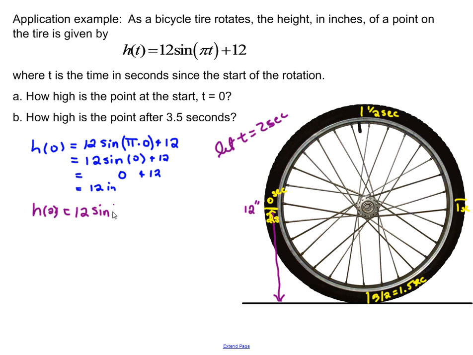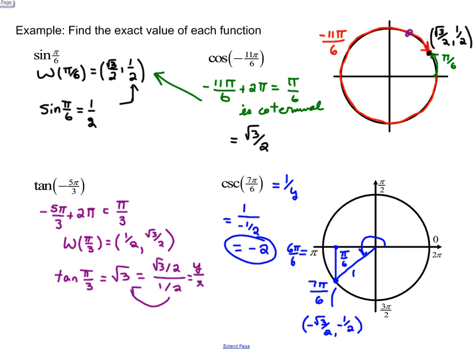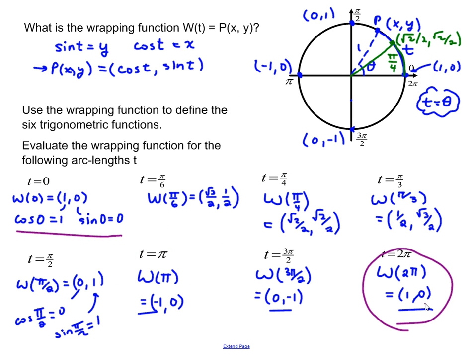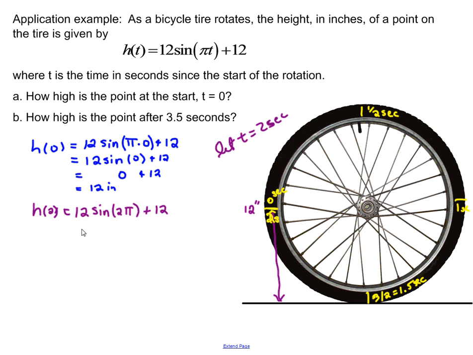But what happened at 2 pi? Do you remember? At 2 pi, we said that the sine would be the same as the sine of 0, because we're back at the same place. So that's equal to 0. This is going to be 12 times 0 plus 12, which is to say we're back at 12 inches again.